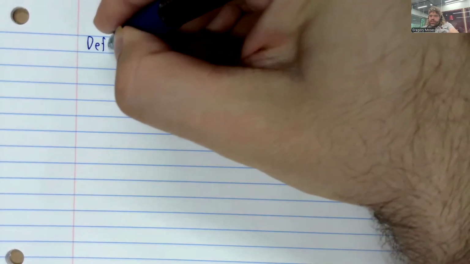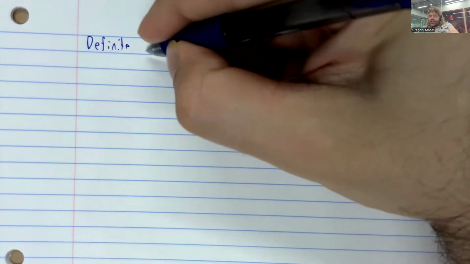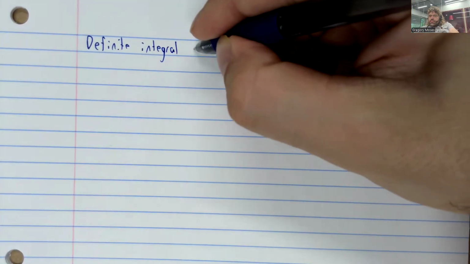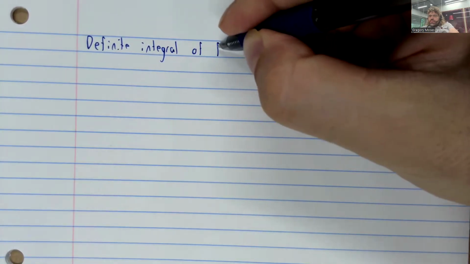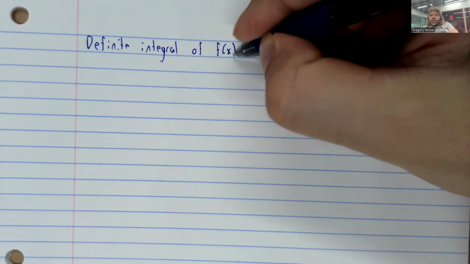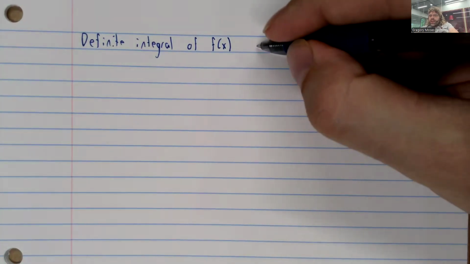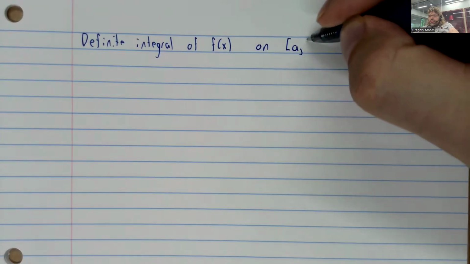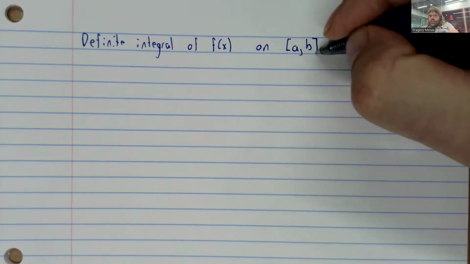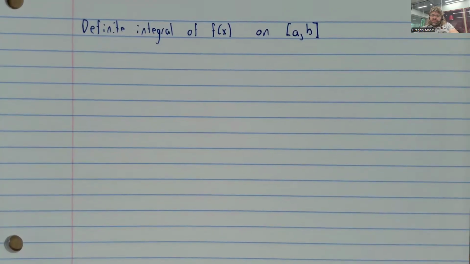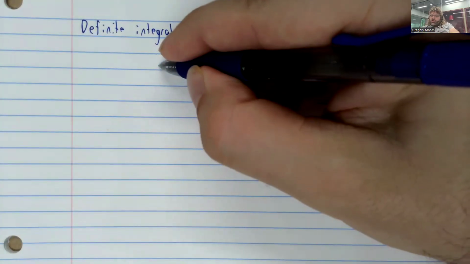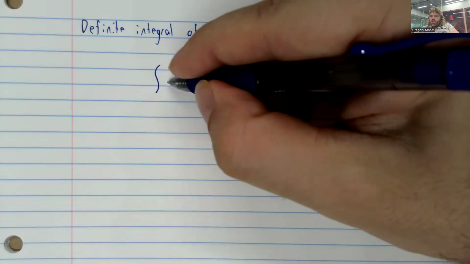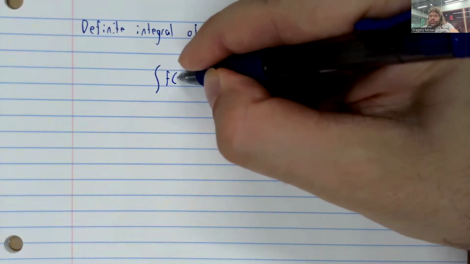So, the definite integral of a function lowercase f of x on an interval from A to B. The definite integral is written like the indefinite integral with one exception.